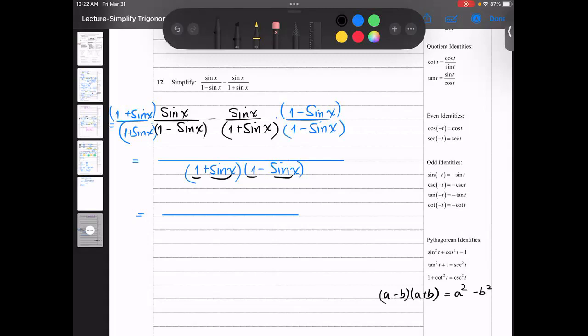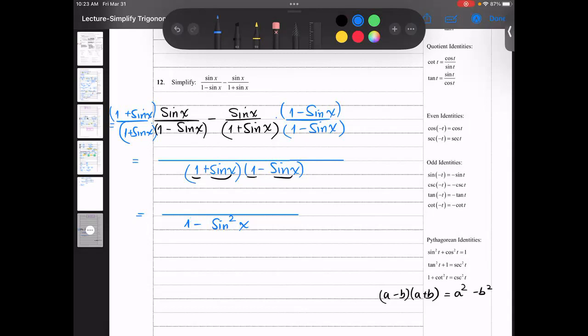Or you can FOIL it: 1 squared, which is 1, minus sine squared x, and you see the middle terms cancel. I'm just showing you another trick that makes it faster. All right, so I think I'm done with the bottom. One squared is still one, so I will erase that little square.